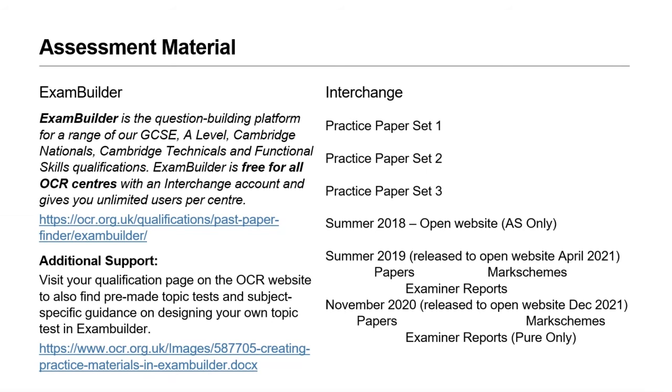The other issue is that the thresholds for 2020 and 2021 were set so as to produce results in line with the centre assessed grades that were produced in the summer of those 2 years. And that means they're slightly more generous than the 2019 outcomes. So there are plenty of papers, plenty of questions, but you need to be a little cautious about the mark schemes and the thresholds for those papers.